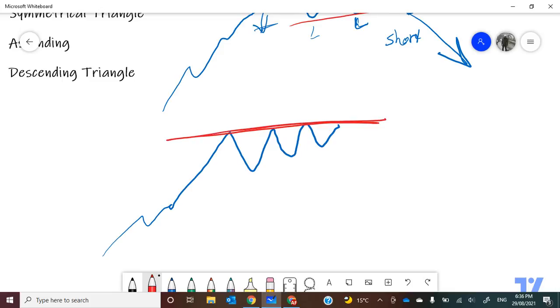As I said, the ascending triangle is a bullish formation and normally formed during an uptrend. So this is like a consolidation, but very small.